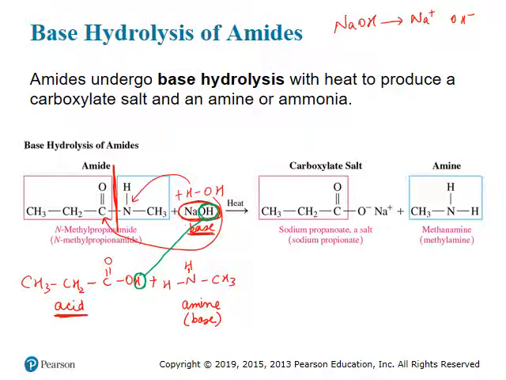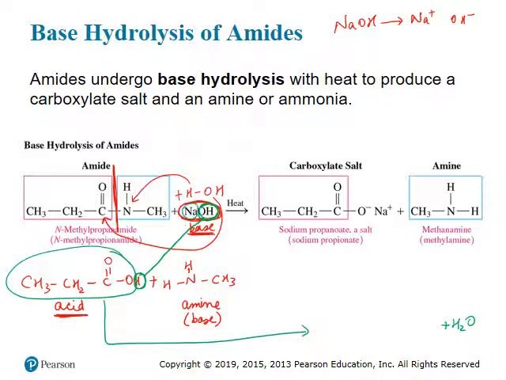I'm doing the second reaction from here now. They are going to react with each other to produce water, and the rest will join with each other. So this ion and this ion are going to join with each other now. So we'll be left with, let me put this in a different color, the carboxylate ion and the sodium ion, which will react with each other to form the salt.